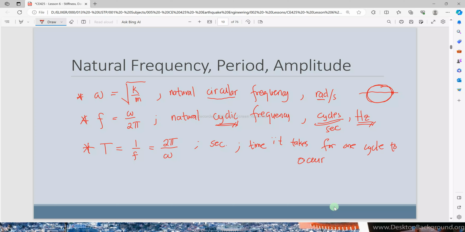So katong total time nga maka-form siya usa ka cycle, we call that our period. So that's just a very brief introduction before our first example on the application of free vibration response sa simple structures.